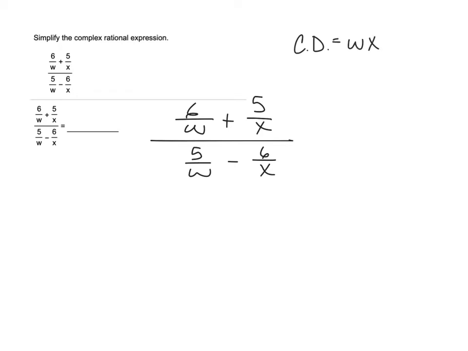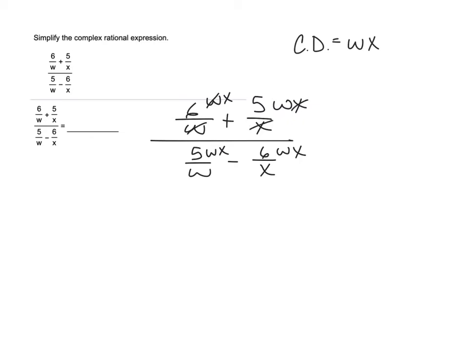What you can do is multiply every single term, every single fraction, top and bottom, by wx. You have to multiply every single one to make it okay. By doing this, you can cross out the denominators that are common.